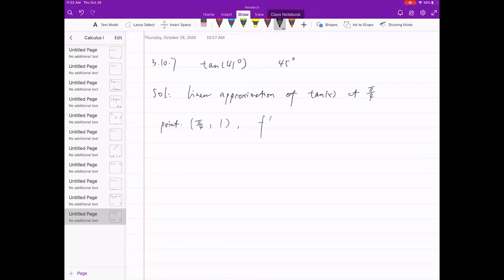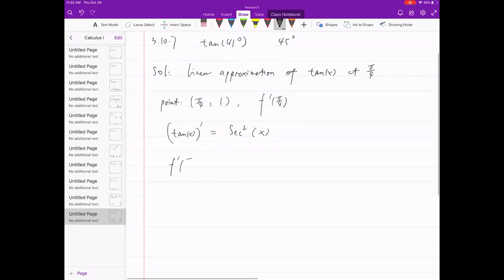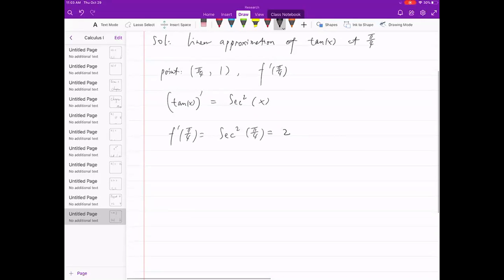We need a slope, that is f prime pi over 4. Therefore, f prime pi over 4 is secant square pi over 4, which is 1 over cosine squared. You do all the simplification, the answer is going to be 2.